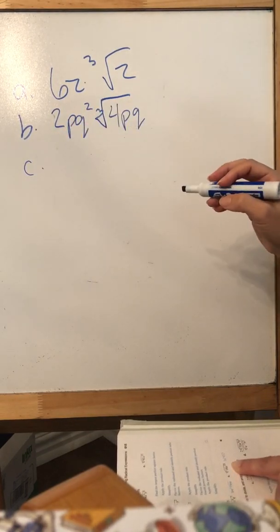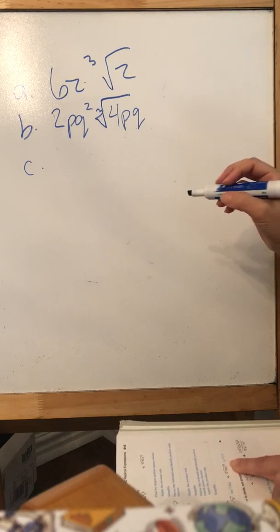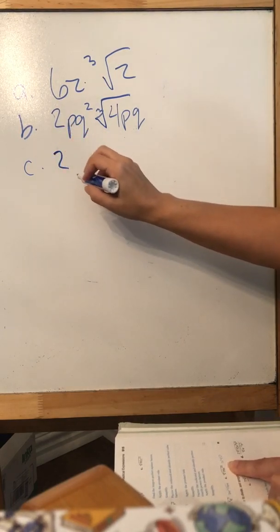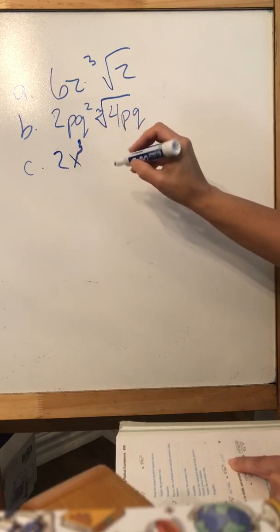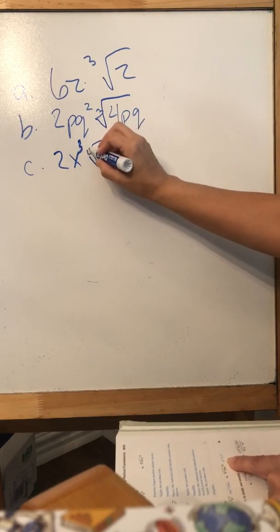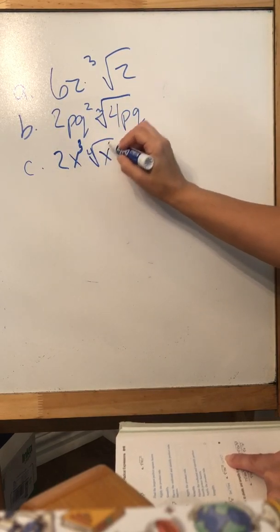For C, you should have gotten 2x to the 3rd times the 4th root of x to the 3rd.